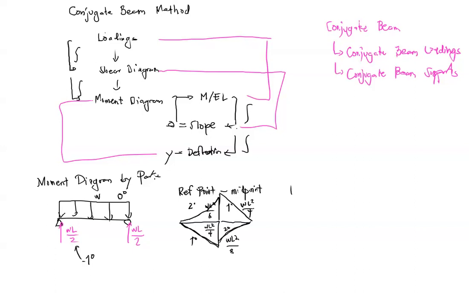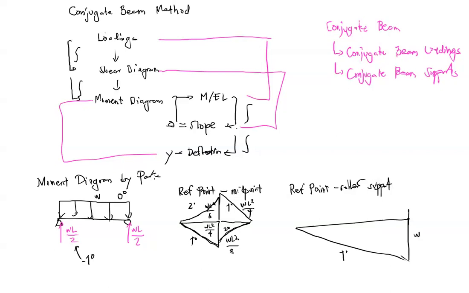Kung ang reference point mo naman ay yung right hand side na support, yung right support, yung roller support, so kung ginawa mo yun, moment diagram by parts, yung WL over 2 would have, so kung ito yung reference mo, tignan mo siya. And yung magiging maximum na height niya, and again, this is 1 degree, WL squared over 2.